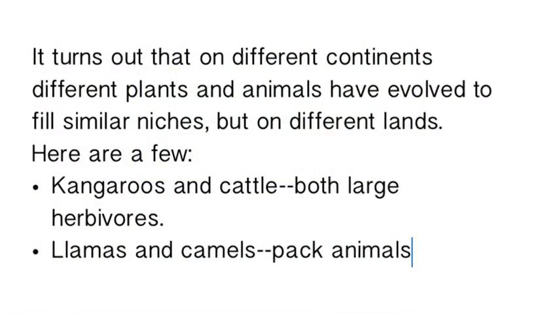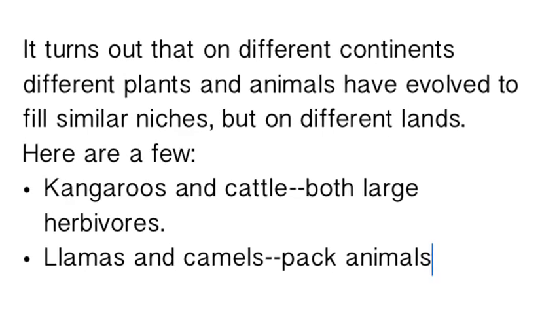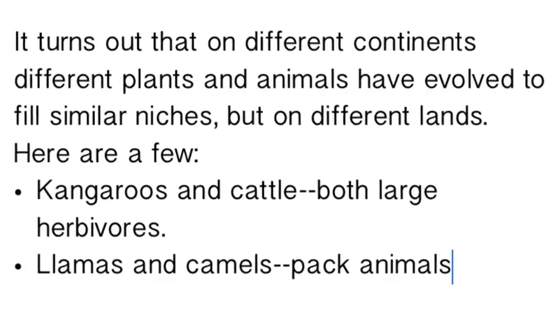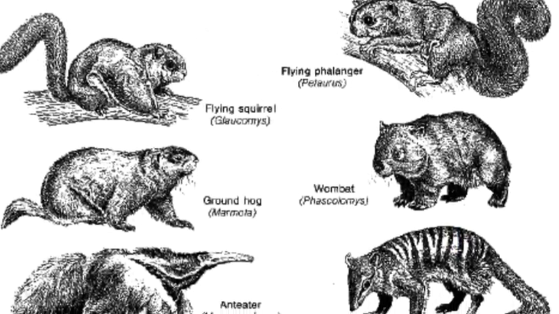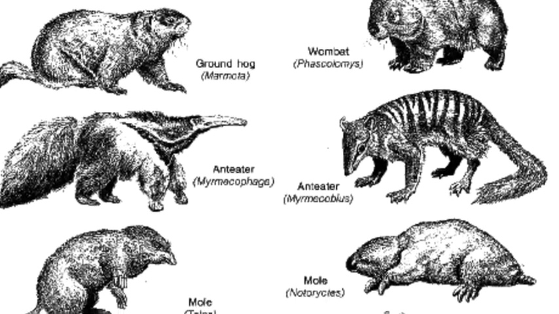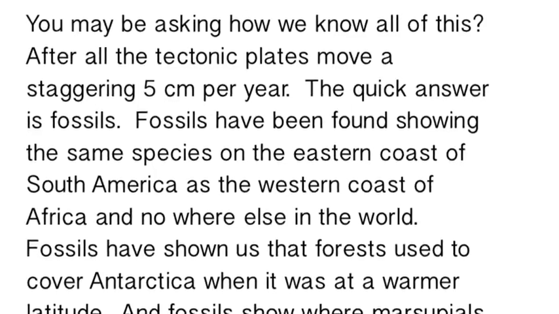But anyway, basically, what also happens here as these things spread out is that animals start to occupy the same niches. They look similar, but they are different animals that have evolved in different ways. So on the left here, you have all the placentals, and on the right, you have all the marsupials, okay?